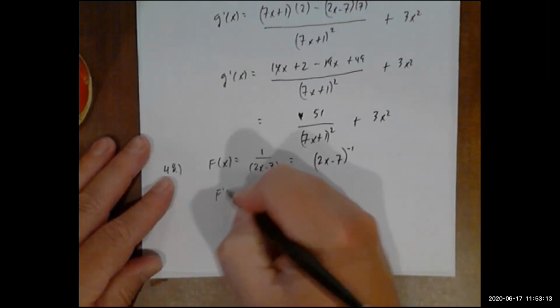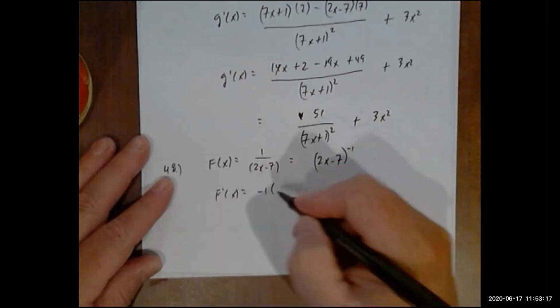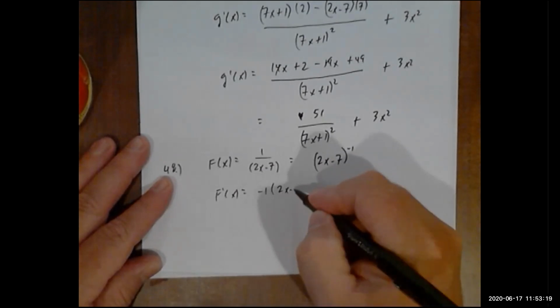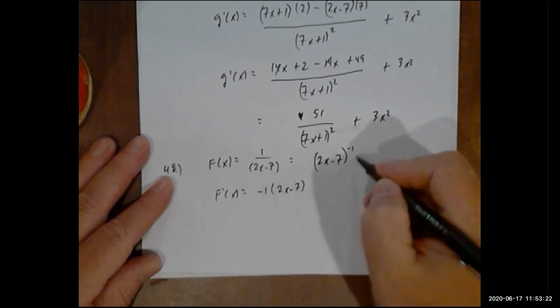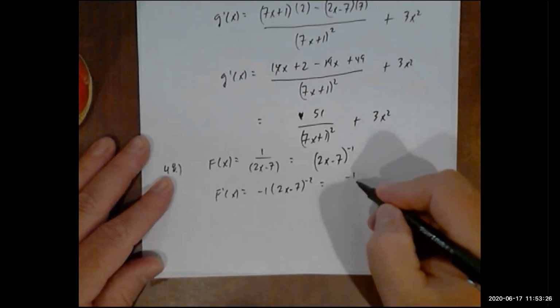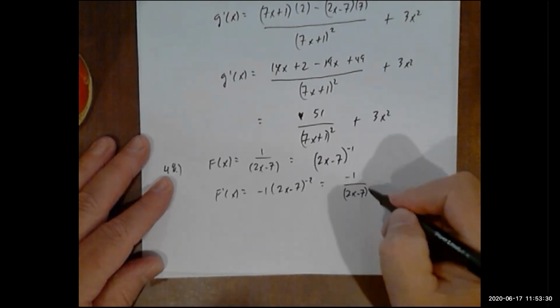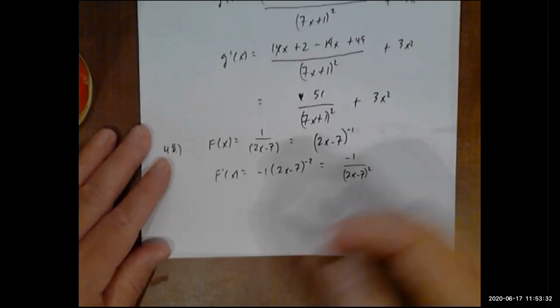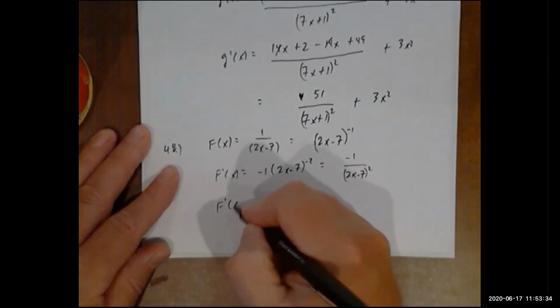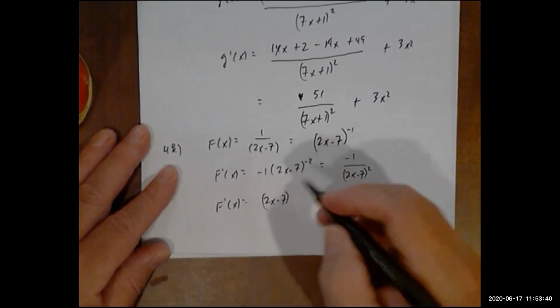So if I do the chain rule of this, it would be -1 times 2x minus 7 to the -2. So when I simplify it, and just for fun, if I did the quotient rule, low d high, what's the derivative of 1?